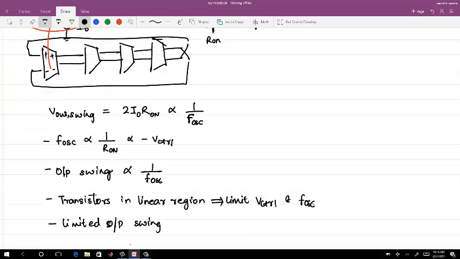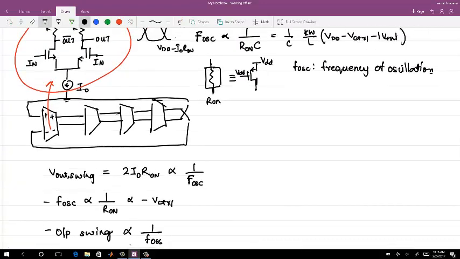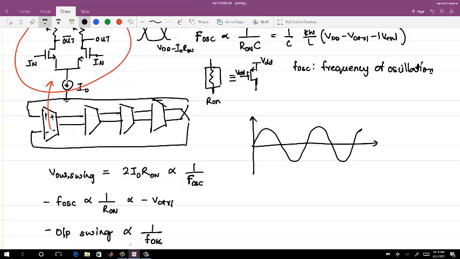Let me show you an example. This is not that mathematical, I will show you in a more qualitative manner. One is this sine wave amplitude and the other one is this one.